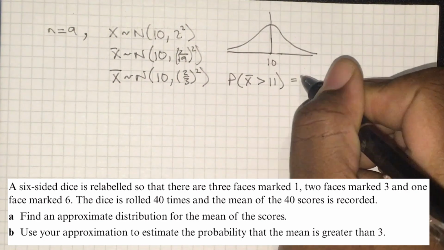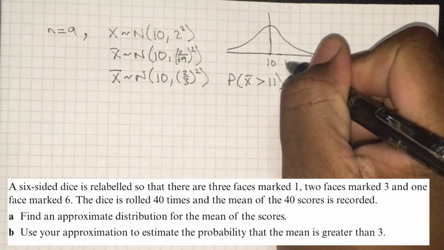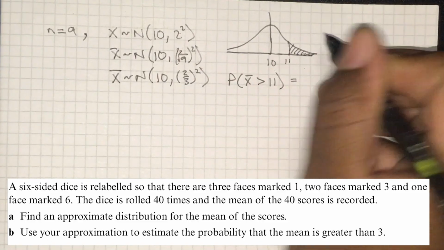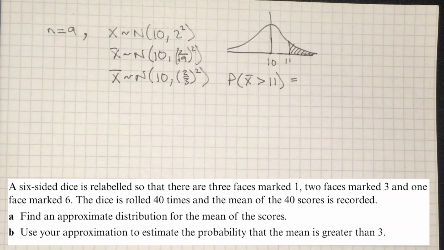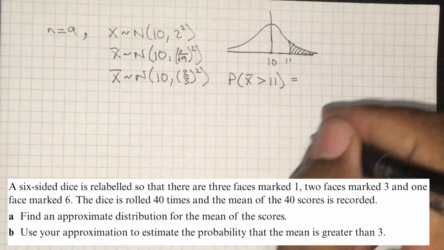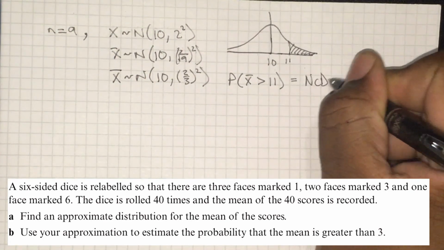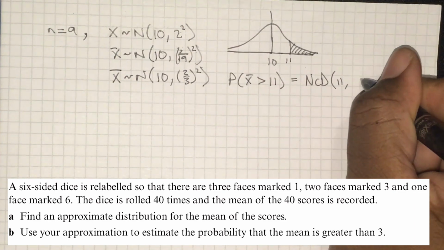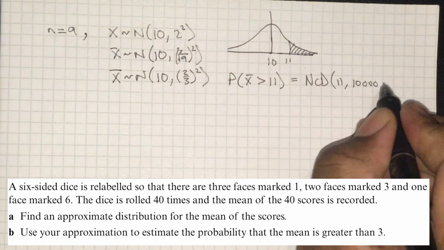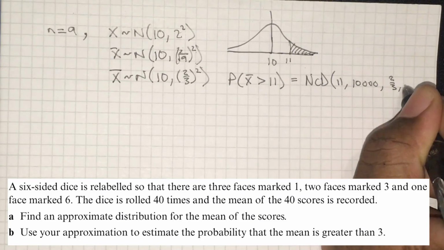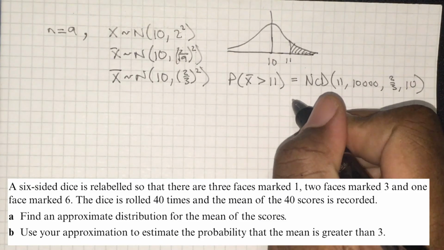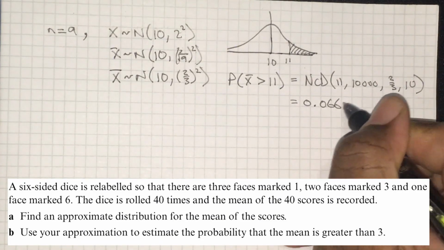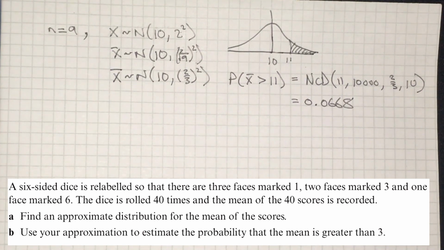The syntax for the CG50 is to put the minimum value, then the maximum value, standard deviation, and then the mean. So I'm just going to use all of those for this particular distribution. The maximum value, remember, is just an arbitrary, extremely large value since the normal distribution is infinite. Okay, and that gives us an answer of 0.0668 to 4 decimal places.